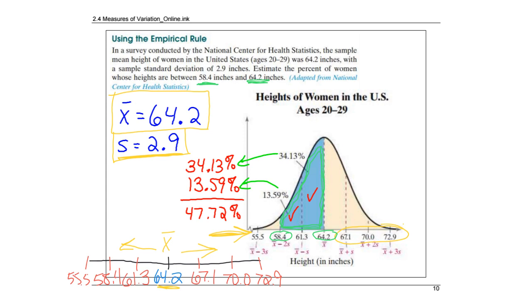So if I use that chart that we saw on the last page, it shows me that 34.13 is sitting just in this blue right here, and then another 13.59 is sitting in the blue here. So if I add these 2 areas together, I get 47.72. So what that tells me is almost 48% of the women are going to lie between the 58.4 here and the 64.2.